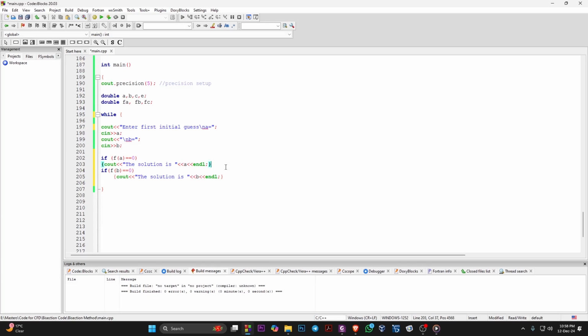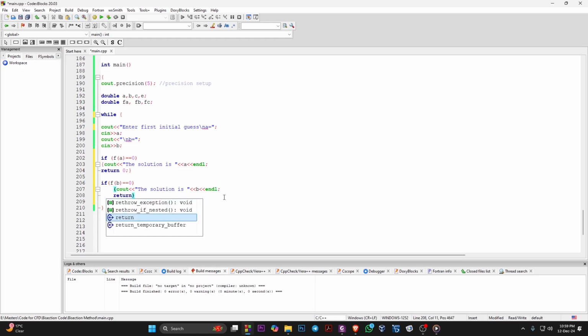And in this case I want to end my program, so I would like to add this return value, return 0. And also for this return 0.